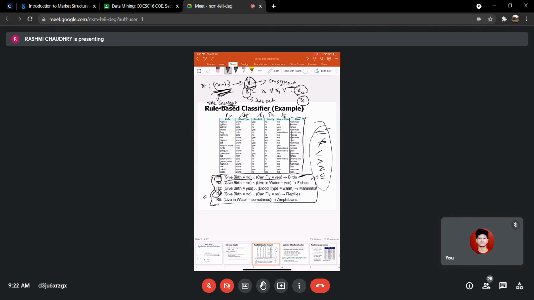I can write a1, some logical operator, a condition like x, and one more part we can add, y. If this condition is met, then it will belong to some class, say y1. In this way we can define the rule.